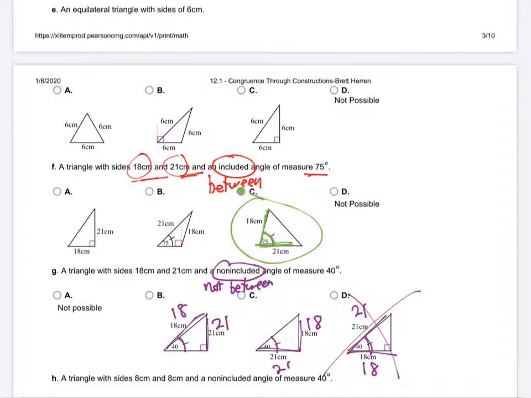You can't have 18 here and somehow 21's a longer side. That can't be. The side across from the right angle, called the hypotenuse, we'll get into that in 3 weeks or so, that triangle doesn't really exist. So the answer is C. That's the one that has an 18, a 21, and a 40-degree angle not between them, not included. All right.